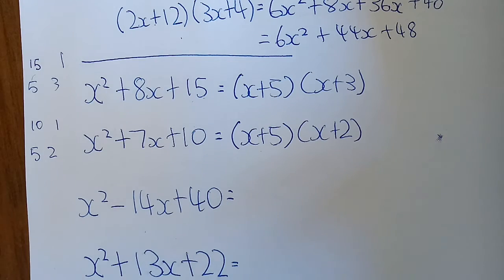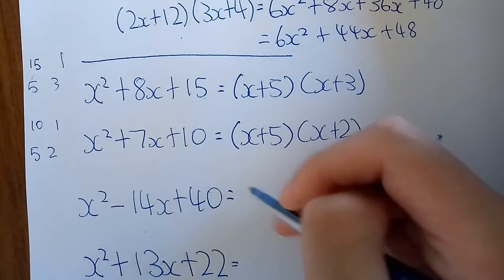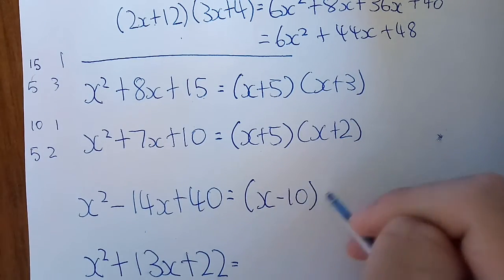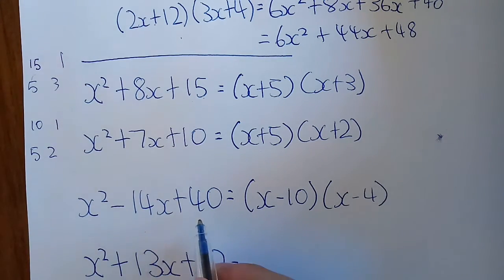You can just do it all in your head. What multiplies to 40 and what adds up to negative 14? So what comes straight to my head is 4 and 10. 4 times 10 equals 40, and negative 4 minus 10 equals negative 14. So we immediately write x minus 10, x minus 4. Once again, if you expand this, you will find that the expanded form will equal this.